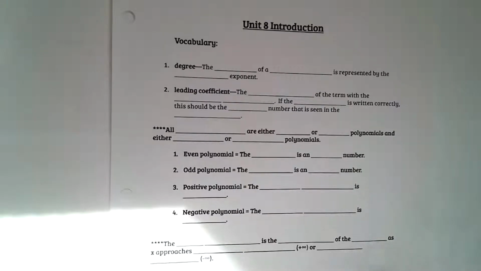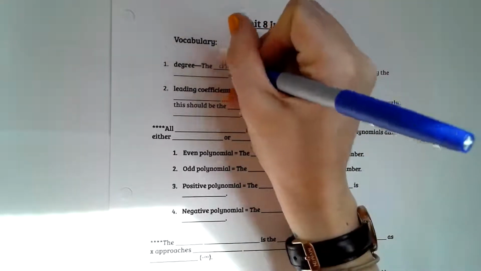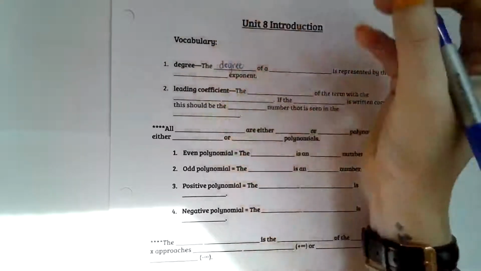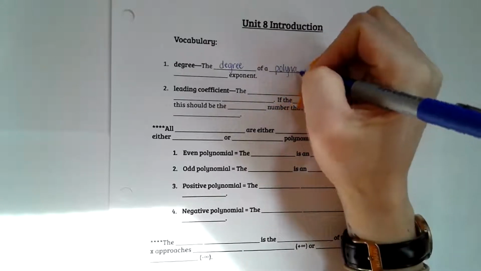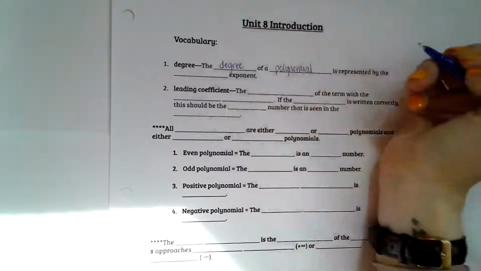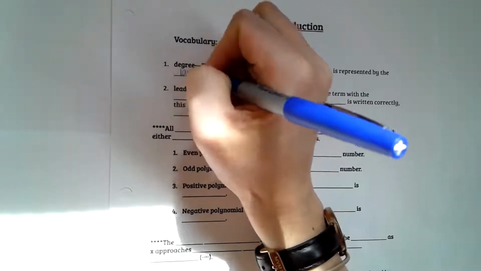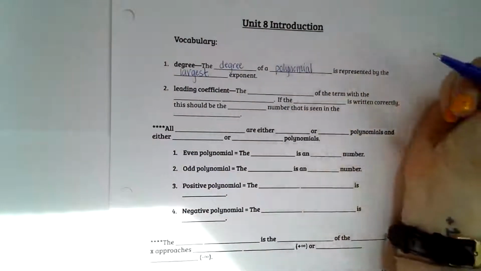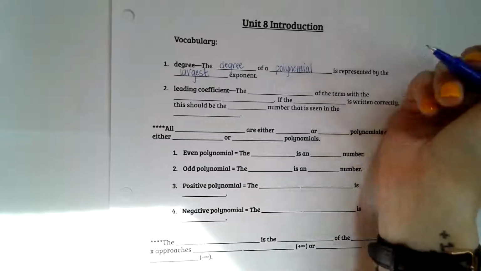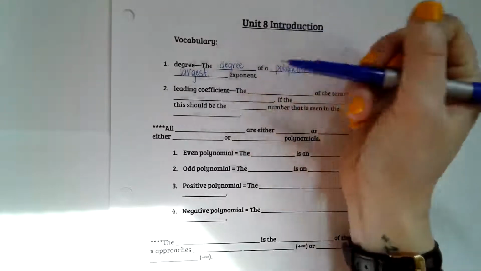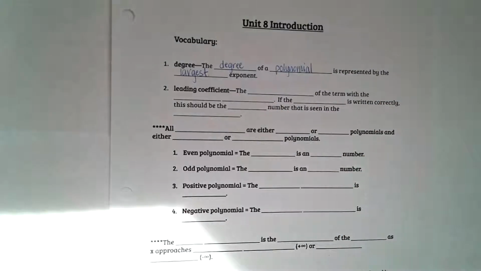So to talk about that, the degree of a polynomial is represented by the largest exponent. So far, the highest exponent that we've had are quadratics with an x squared. So these will have something bigger like cubes or to the fourth, and so on and so forth.